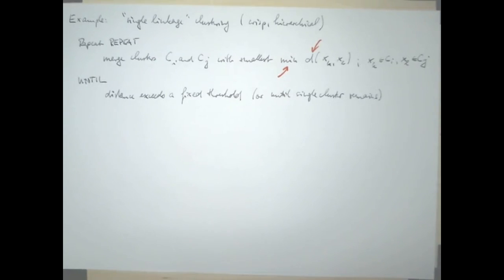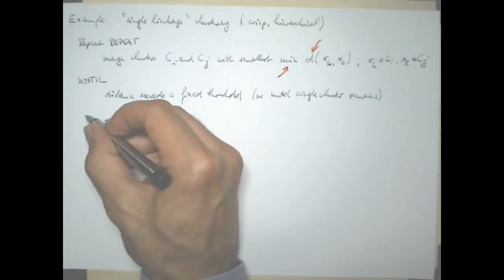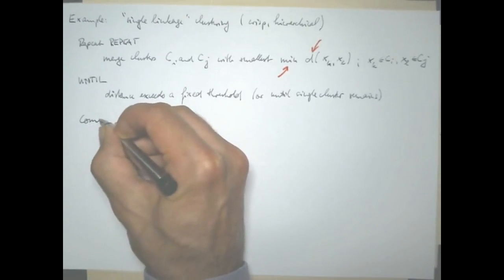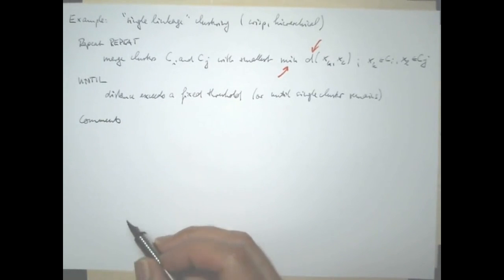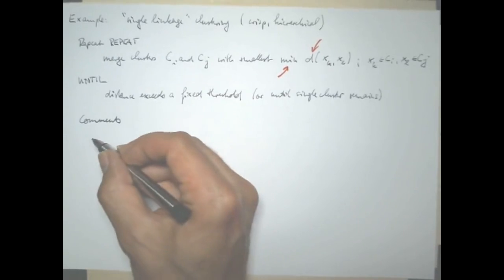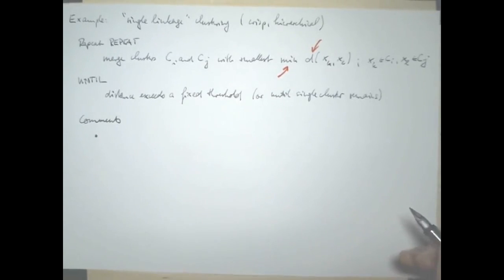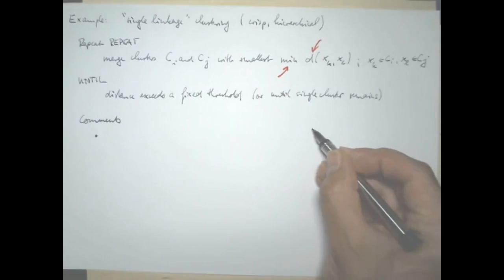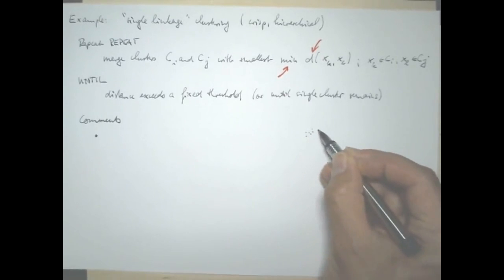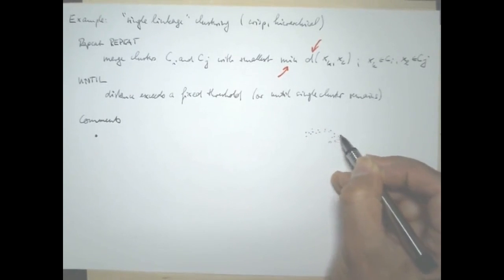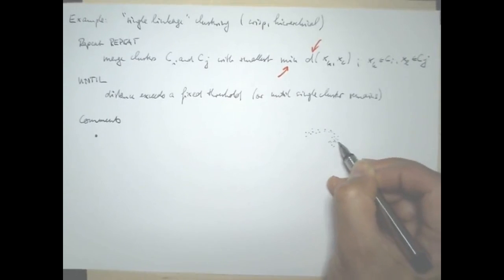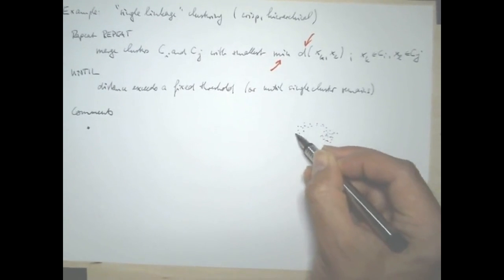Now, this particular algorithm is not such a very good algorithm. Can you imagine what goes wrong with this algorithm here? So let's say I have something which looks like two groups of data to us.